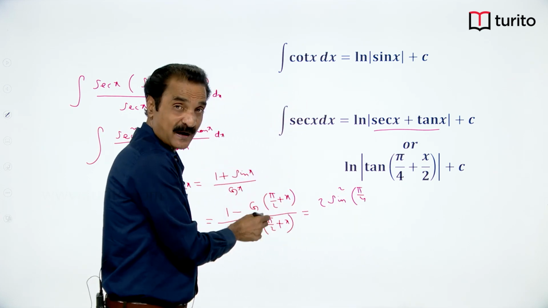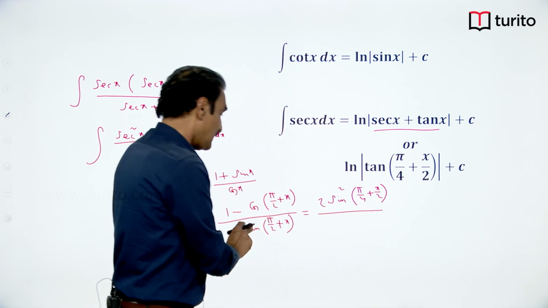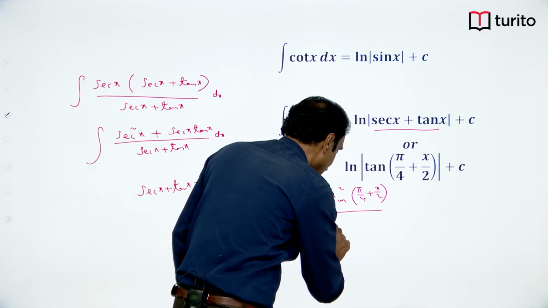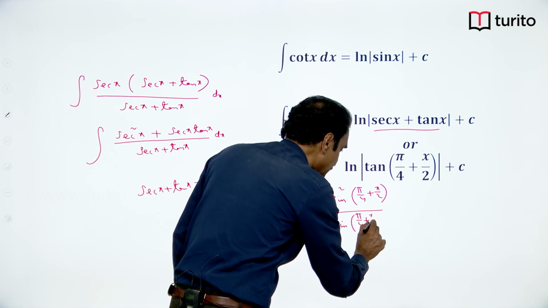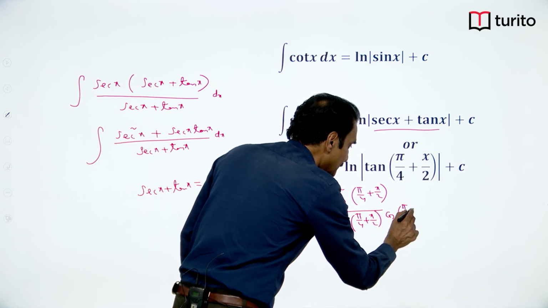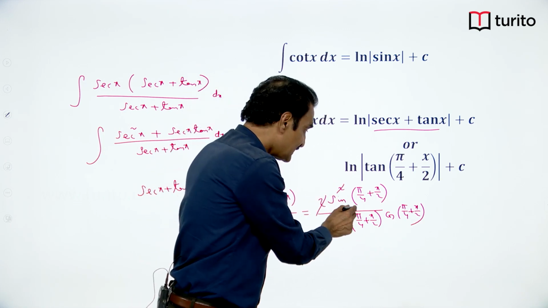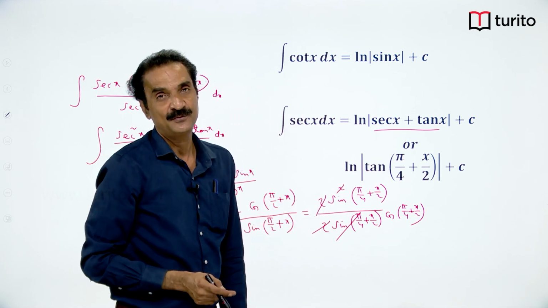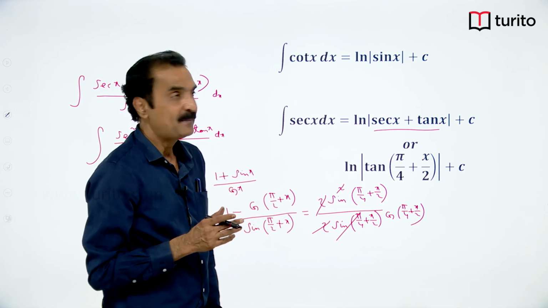Theta by 2 is pi by 4 plus x by 2, upon, we can write sin theta as 2 sin theta by 2 cos theta by 2. 2 sin pi by 4 plus x by 2 into cos pi by 4 plus x by 2. Then 2 cancels, sin theta by 2 cancels. What is the remaining? Sin by cos, tan pi by 4 plus x by 2. It is the resultant trigonometry. Secant x plus tan x is tan pi by 4 plus x by 2.